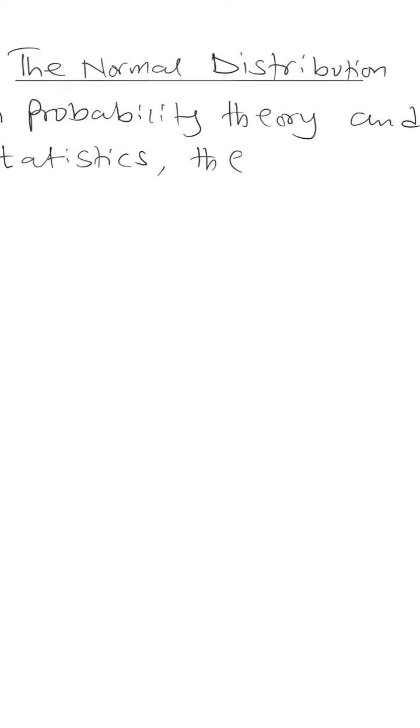In probability theory and statistics, the normal distribution is the normal distribution. Sometimes we can call it the Gaussian distribution, but this is a bit rare, so I'll not skip it. Let me write it here.